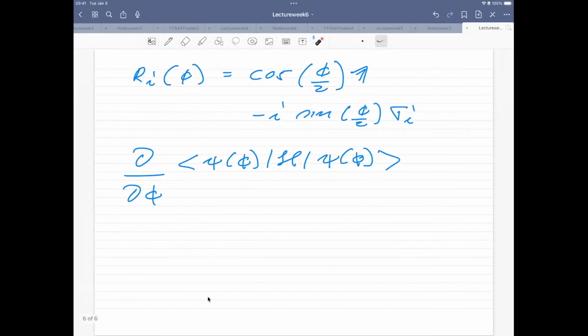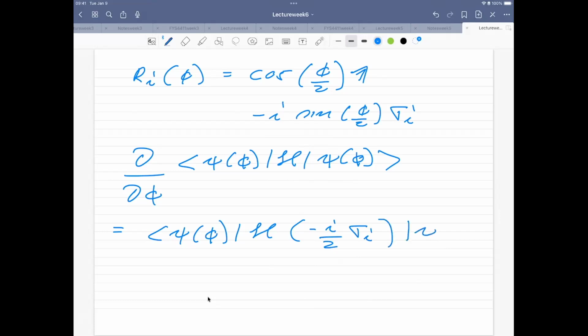So that means that when we now calculate the derivatives, this is going to be equal to psi of phi, and then we have the Hamiltonian multiplied with minus I divided by 2, and then I have the explicit Pauli matrix which I'm looking at.